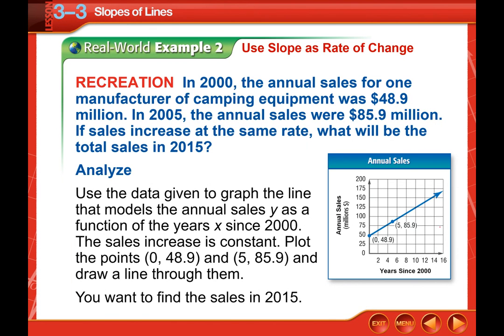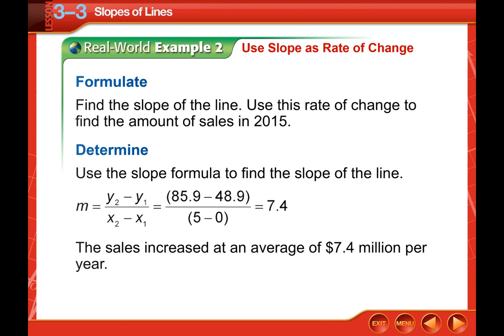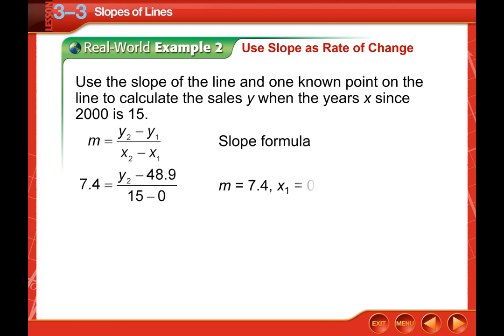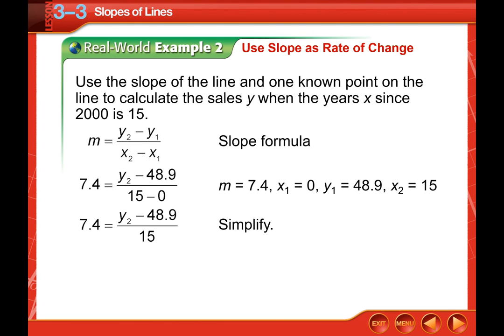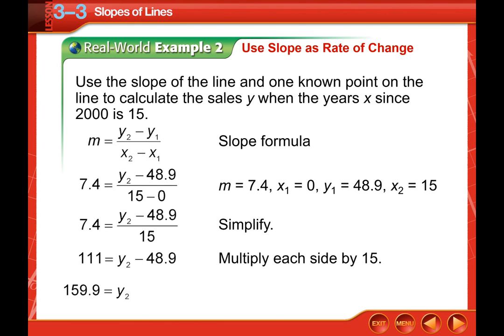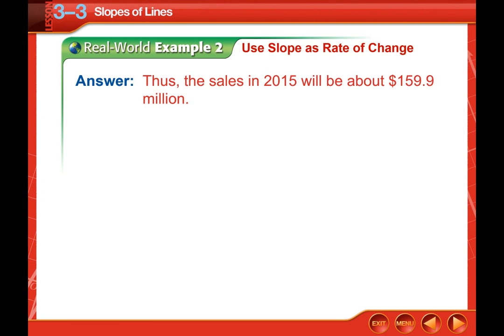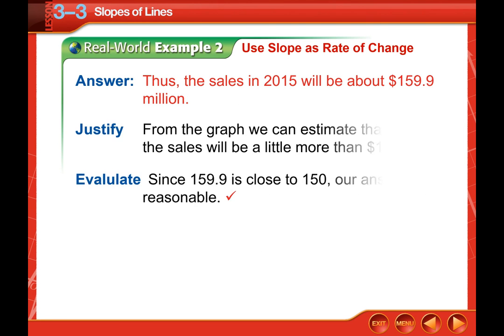At year 15 would be here, and yes, that would be above the 150, somewhere in there. Okay, so using that slope that you've determined from the first 2 points, I can substitute in that slope and 1 point with the known information to determine our answer.